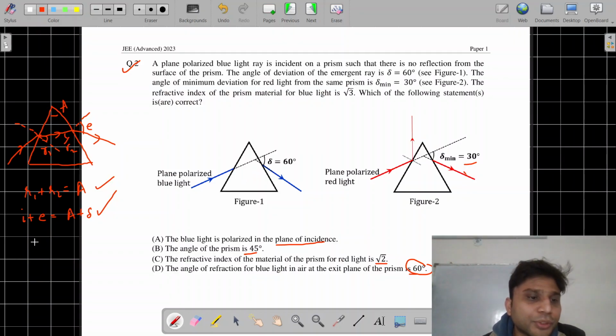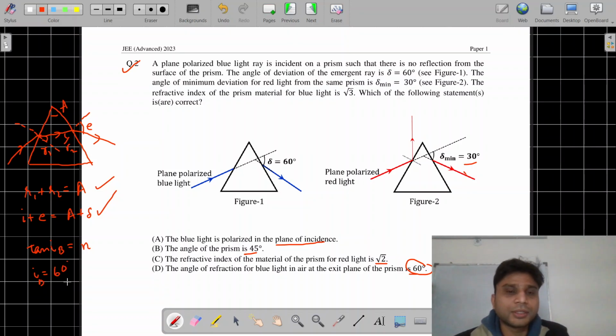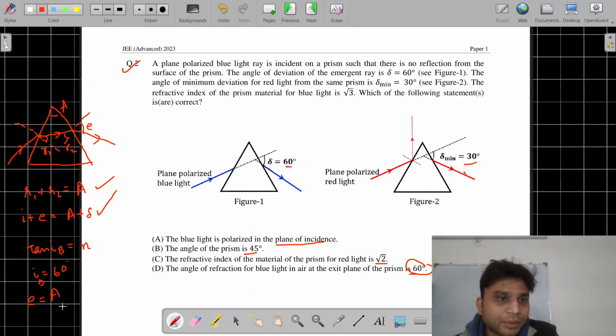This is when Brewster's law is applicable, that tan of angle of incidence of the blue light is equal to the refractive index of the prism. The refractive index we know is square root 3. So the angle of incidence for the blue light comes out to be 60 degree, right? And deviation, we know, is also 60 degree. So from this we can say that angle of emergence is equal to angle of prism.